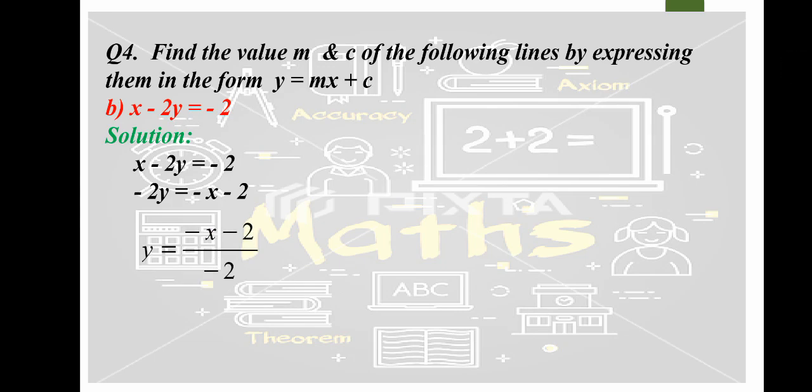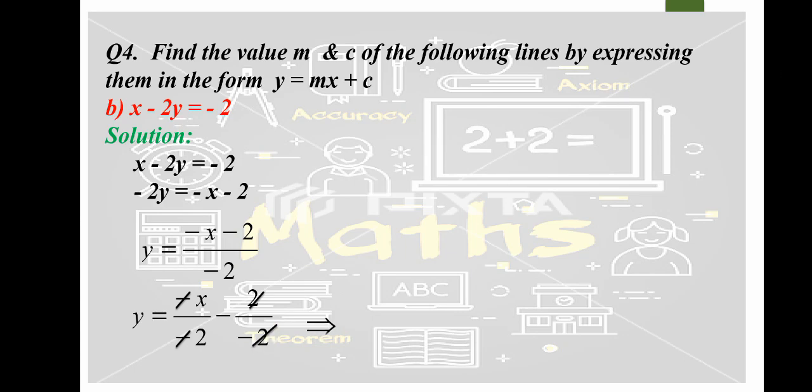So the equation will become y is equal to minus x minus 2 divided by minus 2. Now split the terms. Y is equal to minus x over minus 2 minus 2 divided by minus 2. Now this minus sign will be cancelled with this minus sign, and 2 will be cancelled with 2.